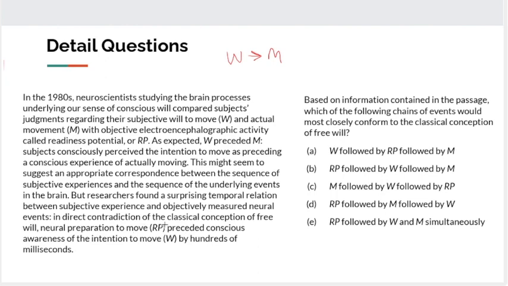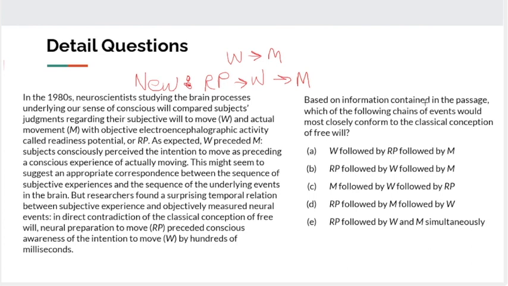In direct contradiction of the classical conception of free will, neural preparation to move, RP, preceded conscious awareness of the intention to move by hundreds of milliseconds. So RP precedes W, and if W precedes M, that suggests the full sequence would be RP, readiness potential, followed by W, will to move, and M, actual movement. Okay, and this is the new finding described in the passage here.